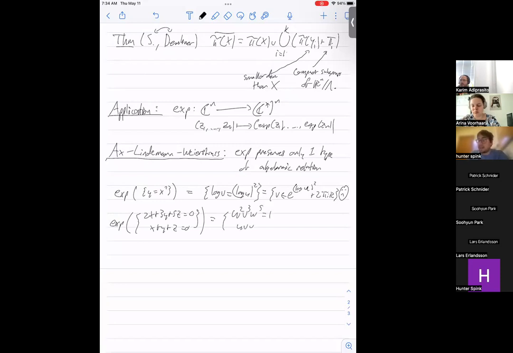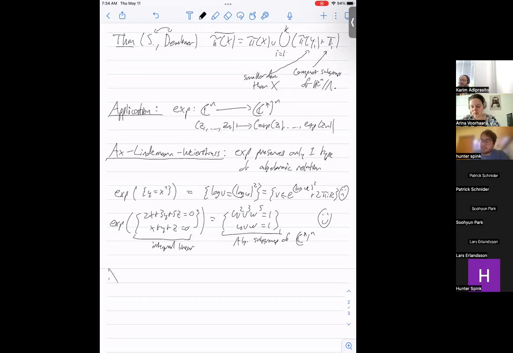And what you get is that if I take an integral linear subspace, then you end up with an algebraic subgroup of C star to the n. So that preserves algebraicity in this case.